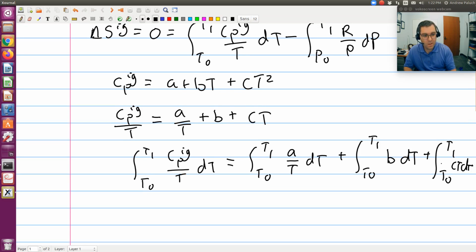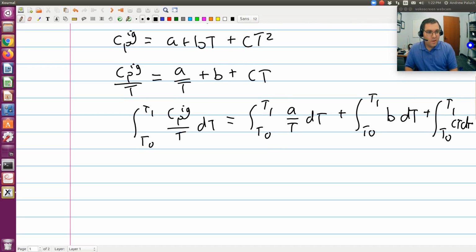Now if we integrate it, here's where we test Professor Paluch's calculus skills. This first term, the integral from T naught to T1 of A over T dT: A is just a constant, so you can pull it out, and the antiderivative of 1 over T is log T. So this would be A times log T1 over T naught.